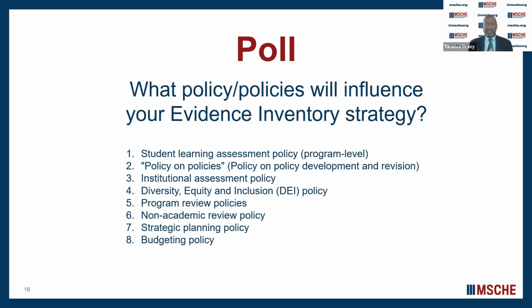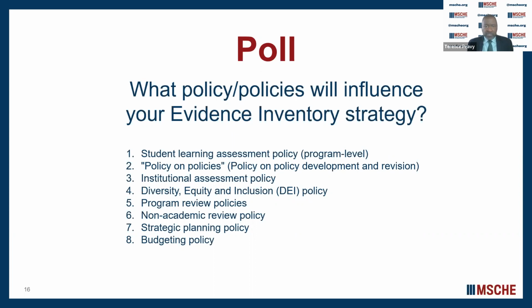All right, let's see what the results are of this poll. Right now with 28%, I see institutional assessment policy. At 22%, we have policies on policies, as well as strategic planning policies.